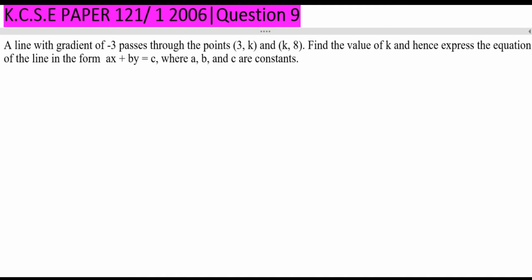So let's begin. Given the gradient is -3 and the line passes through these two points, the first thing to do is to write down how we get the gradient.